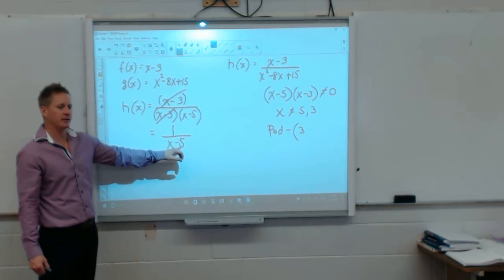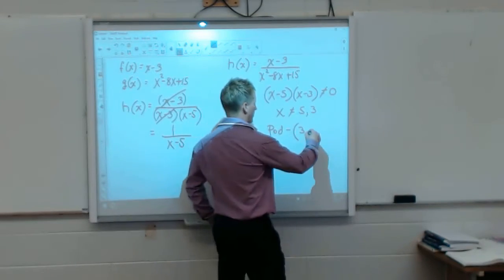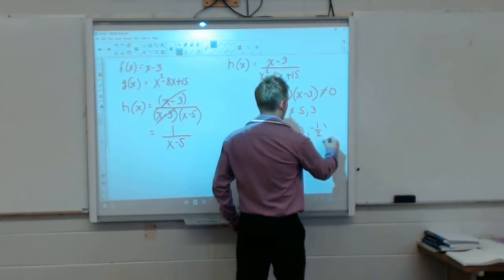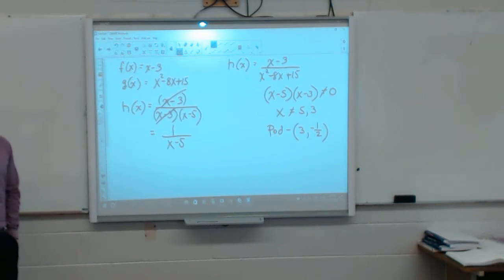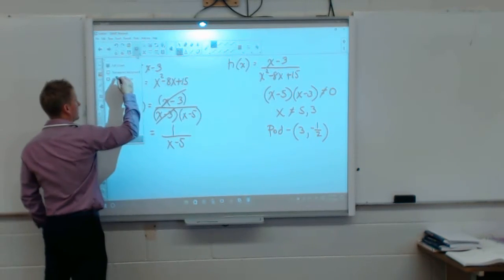Okay? So I stick 3 in here. 3 subtract 5 is -2. So my point of discontinuity is at minus 1/2, right? Okay? What does that graph look like?